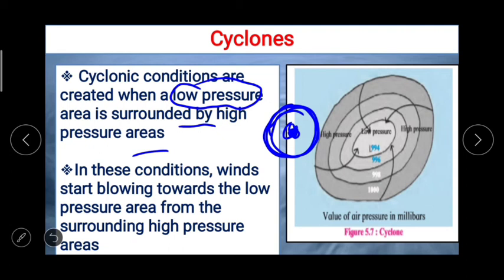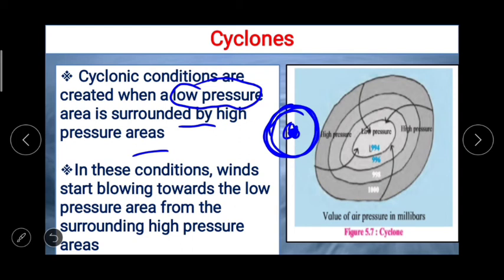Cyclonic conditions are created when a low pressure area is surrounded by high pressure areas, and in these conditions winds start blowing towards the low pressure area from the surrounding high pressure areas.